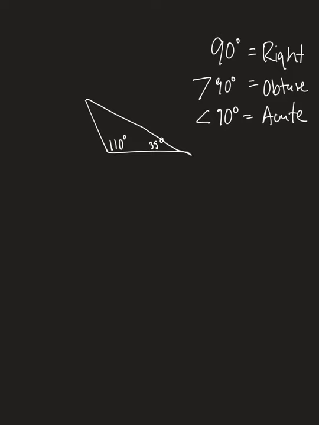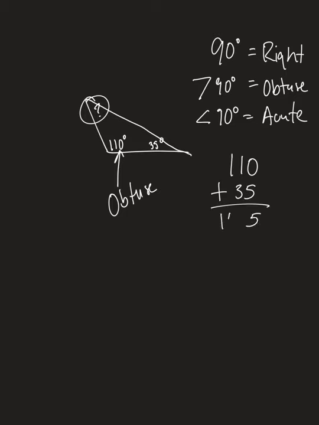So if I look at this right away, even though they're not giving me the other angle, I know that this is going to be an obtuse triangle. And why I know that is because, remember, it only takes one obtuse angle for it to be obtuse. Okay? So just to see what that missing angle is, just to make sure, 110 plus 35 is going to give me 145.